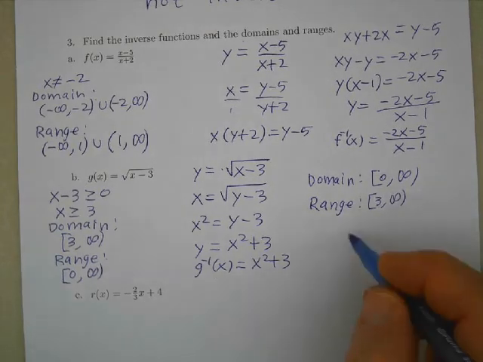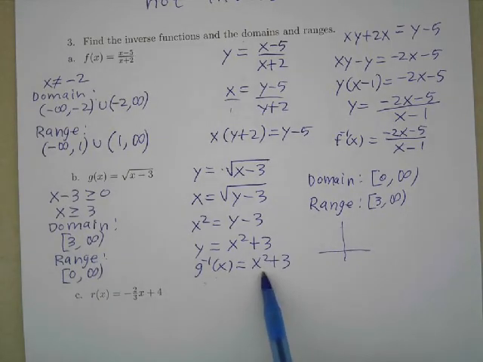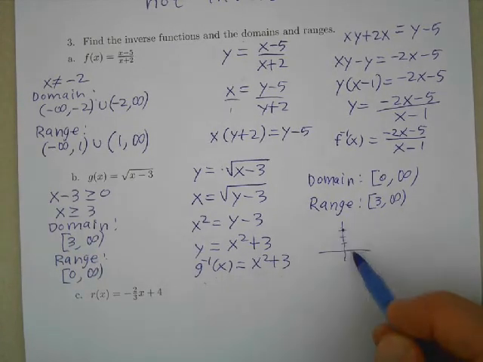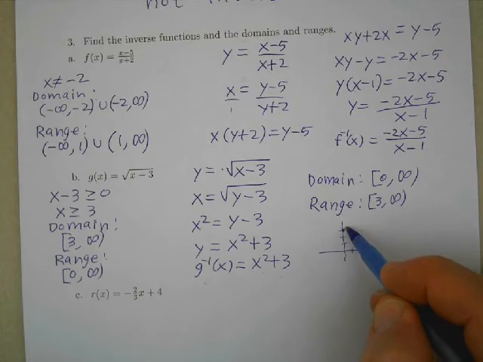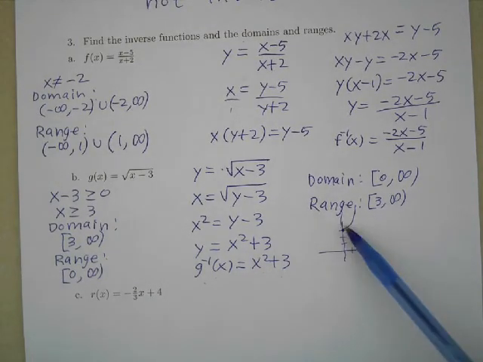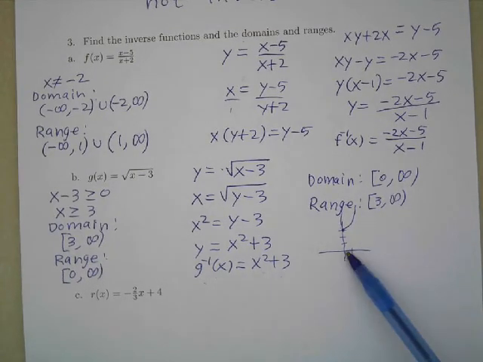So just a rough sketch of what this g inverse equals x squared plus 3 looks like. The y-intercept is 0, 3. And then it's just a half of a parabola. This is not a very good graph, but it's just the right half of the parabola because the domain is from 0 to infinity.